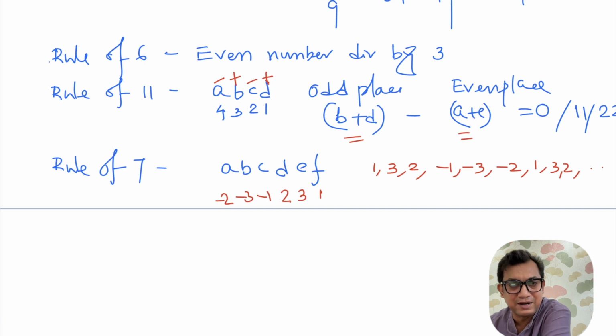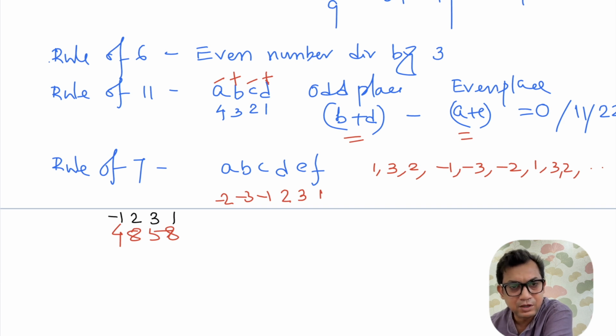Let me take a number to make these things clear. Say 4858, and I have to check whether this is divisible by 7 or not. So the concept says, last multiply by 1, next multiply by 3, next multiply by 2. Exhausted, so minus 1. So you remember 1, 3, 2 only, and then you have repetition 1, 3, 2, positive, negative.